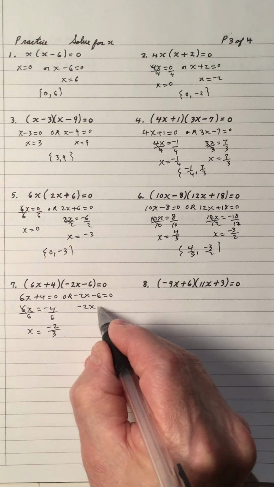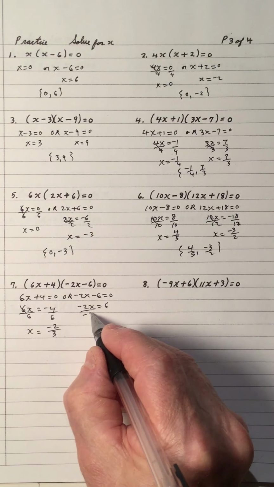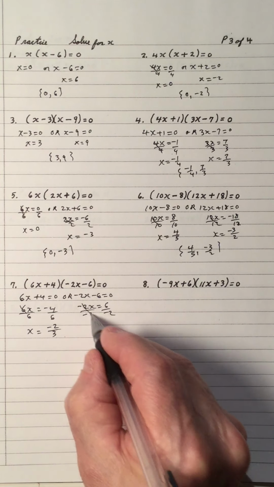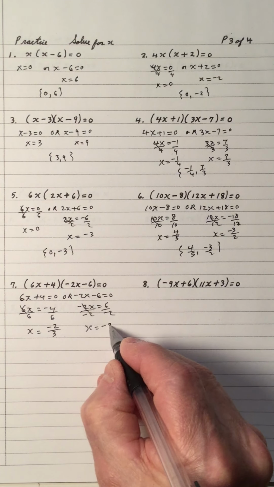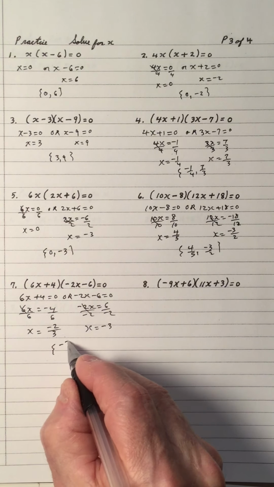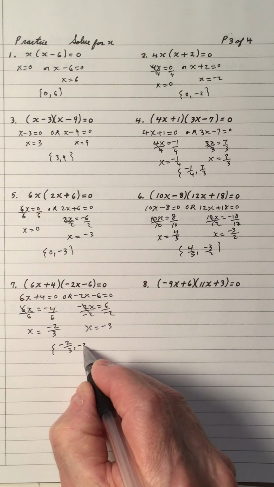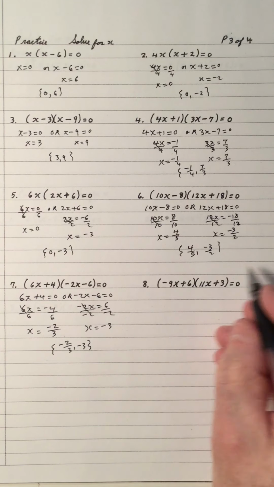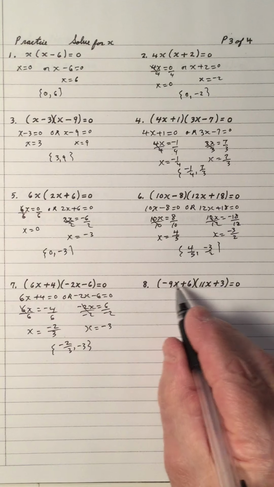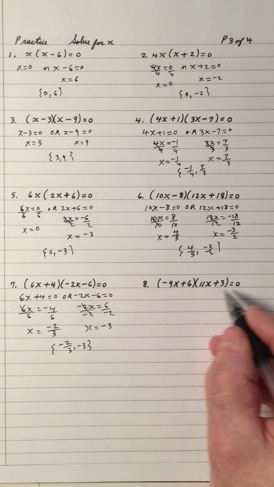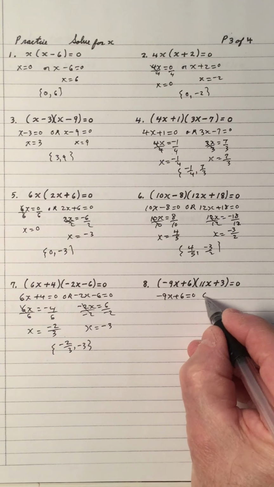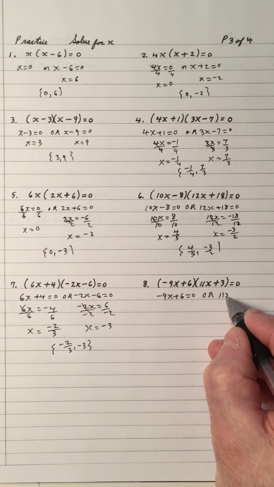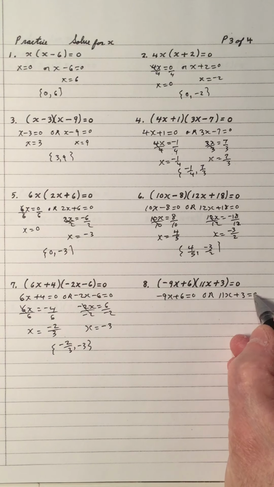And negative 2x equals 6, divide by negative 2, cancels, and 6 divided by negative 2 is negative 3. And there's two answers, negative 2/3 and negative 3. And we've got two products here equals 0, so each one of them can be equal to 0, or 11x plus 3 equals 0.